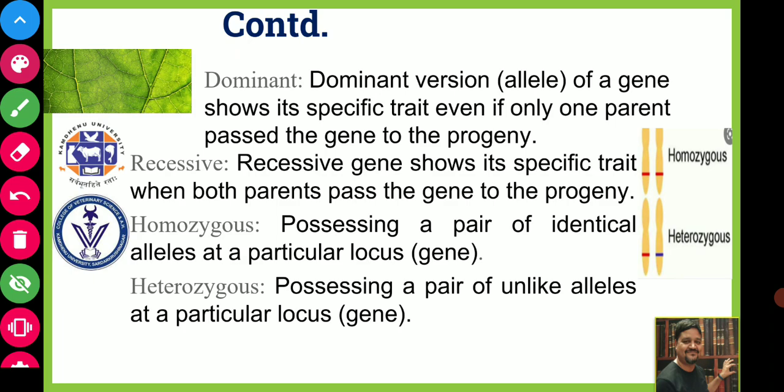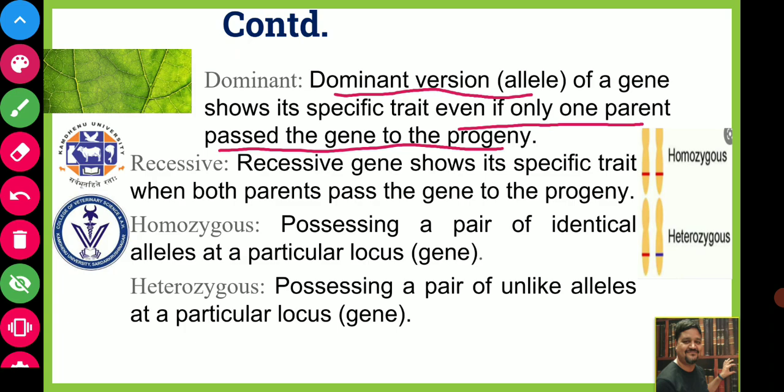So what is dominant gene? It is a dominant version of allele of a gene which shows its specific trait even if only one parent passed the gene to the progeny. That means if I am talking about dominant, you can think that another form is there which is known as recessive.